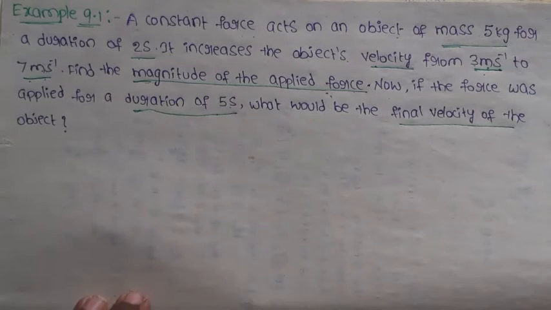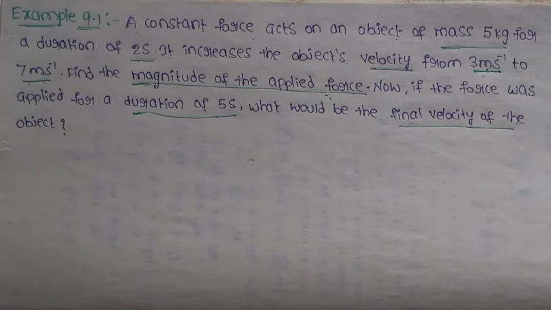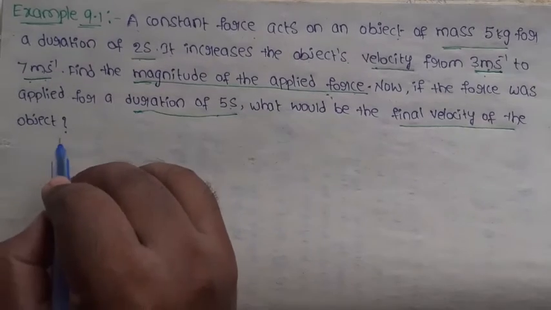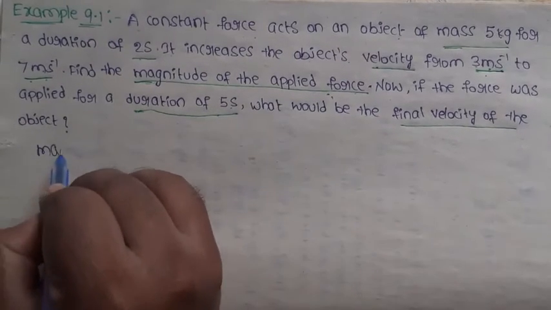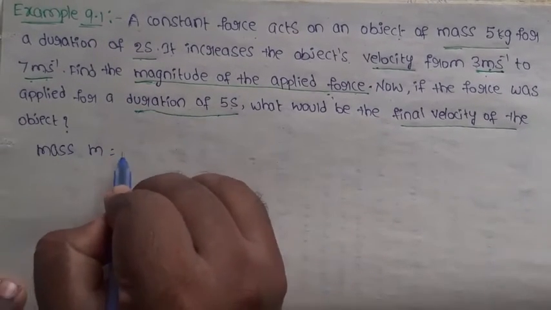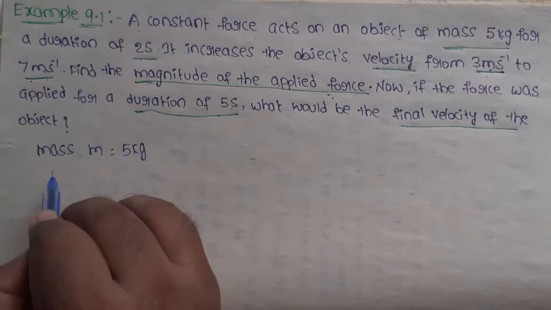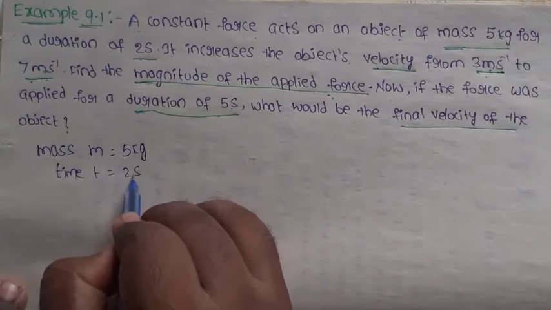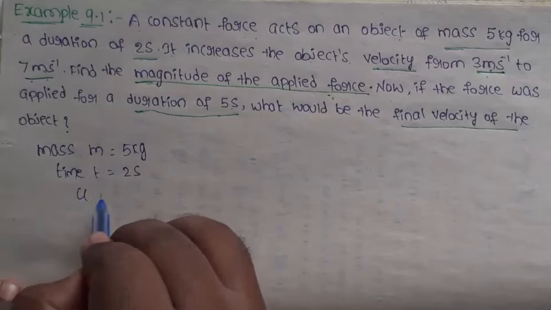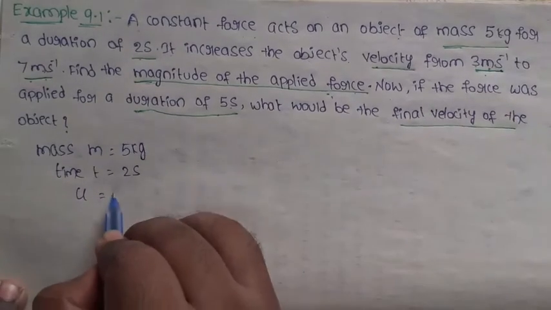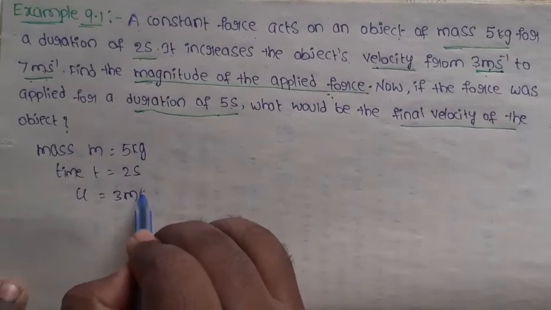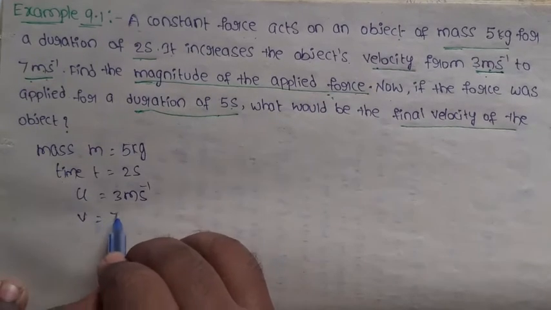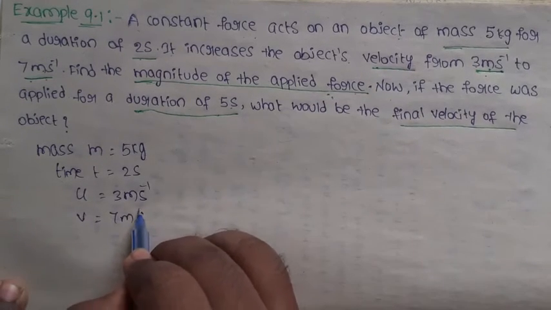First note down the given data: mass m equal to 5 kg, time t equal to 2 seconds, initial velocity u equal to 3 meters per second, final velocity v equal to 7 meters per second.